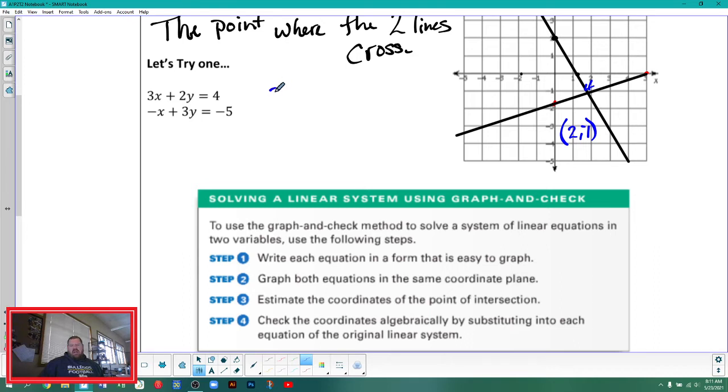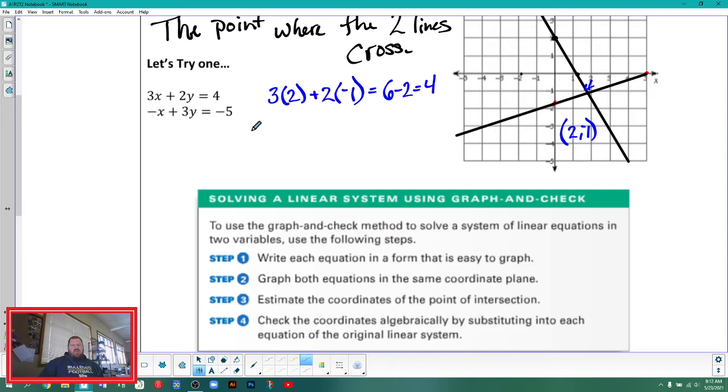As I plug in 2, negative 1, in the first one, I get 3 times 2 is 6, and 2 times negative 1 is negative 2. So I get 6 minus 2, which does equal 4.